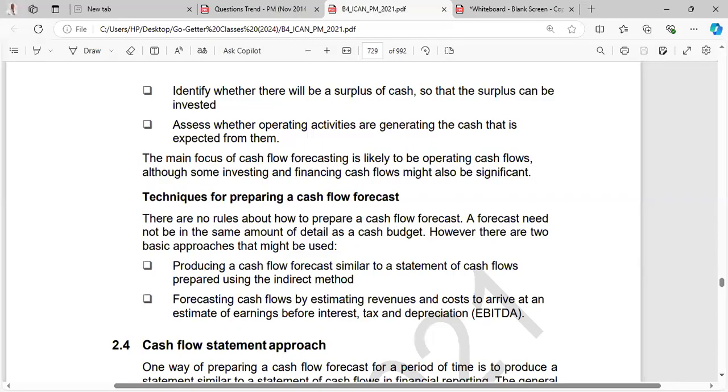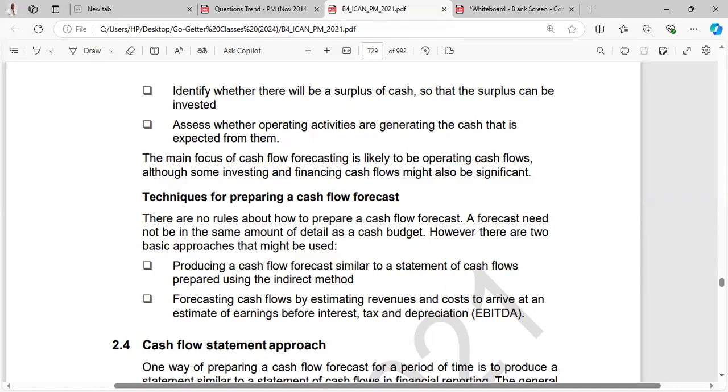Now for investing, investing here means buying and selling of current assets and non-current assets. So when you are investing in a capital project, you are spending cash. When you are recovering sales from them, or maybe you are disposing of them, you are receiving.